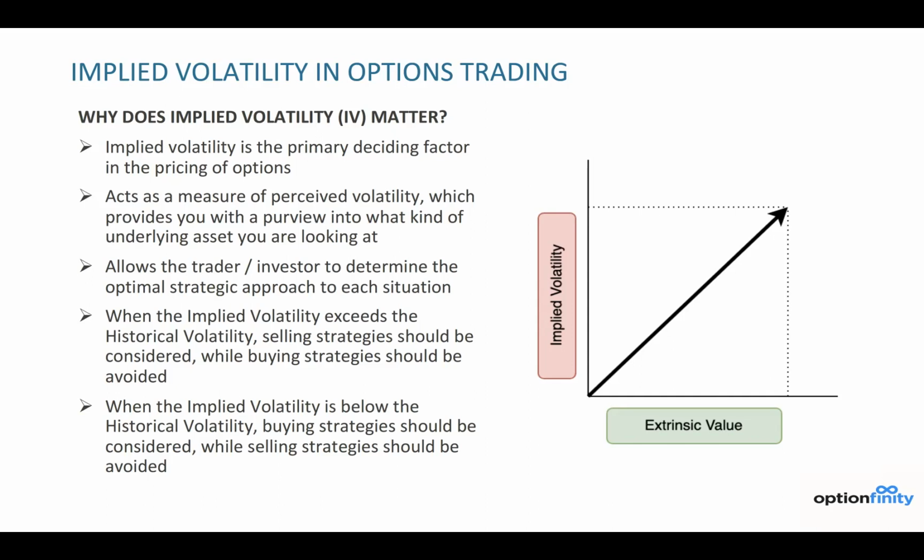And conversely, if IV is very low, you want to look at perhaps buying options and not selling the options, right? Because it's all about probability in this sense. So as I just said, when IV exceeds the historical volatility, selling strategies should be considered while buying strategies should be avoided. When the IV is below the HV, buying strategies should be considered while selling strategies should be avoided.